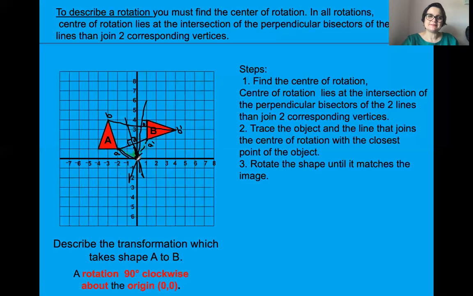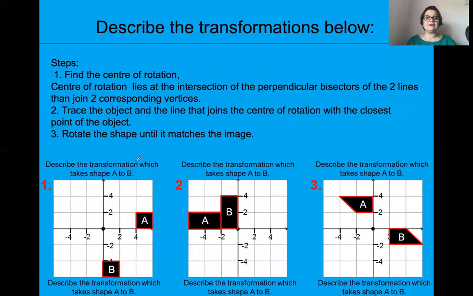Right, next. Here again, if you follow the steps, we can again find out the rule for the rotation. We can describe perfectly the rotation for each of the images and the objects. Now, image and the object, or object and the image, which one is it? Let's have a look.